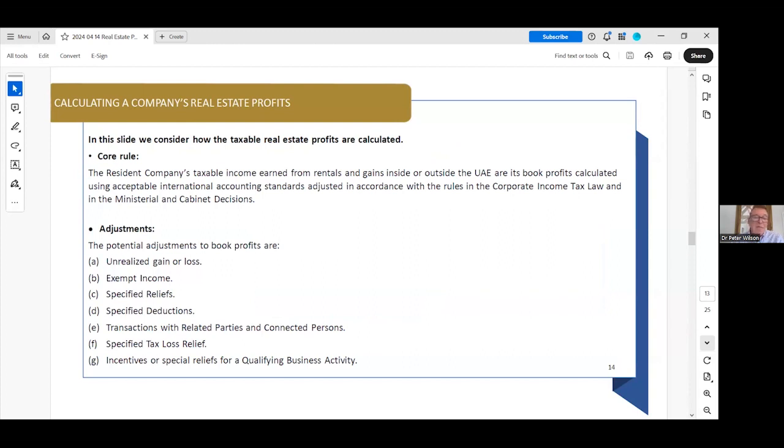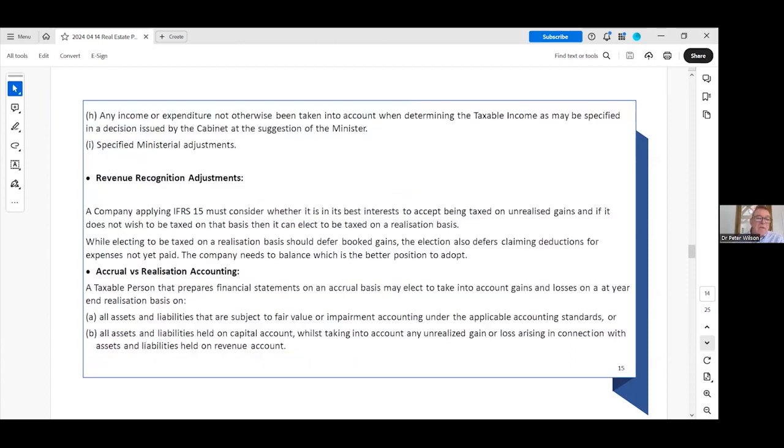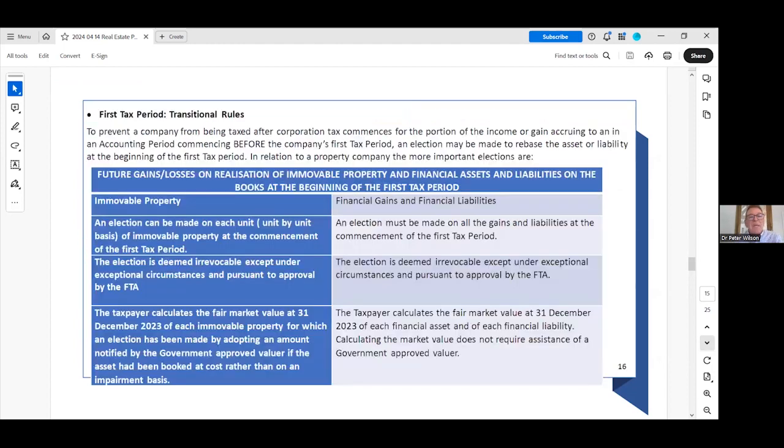And some of the adjustments I put down there are unrealized gains and losses, exempt income, and all those sorts of things, transactions with related parties. What I want to focus on, though, is not so much the revenue recognition adjustments and the accrual adjustments, but the transitional issues.